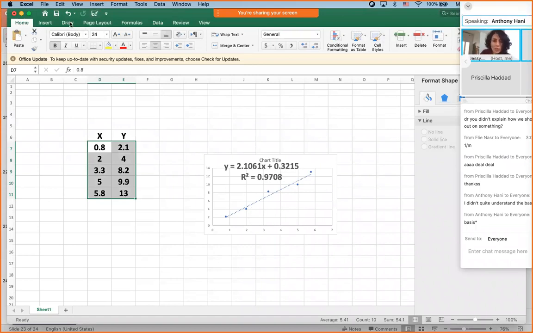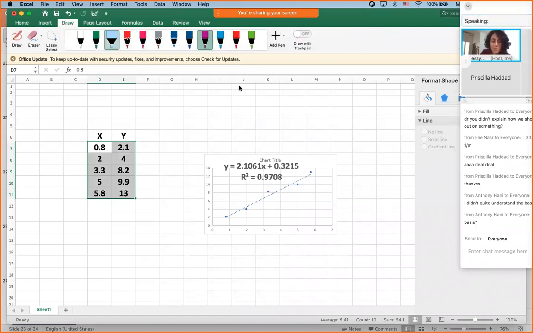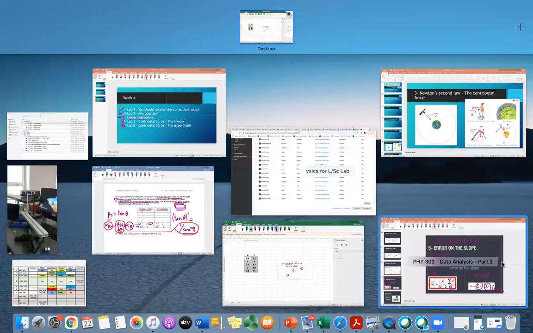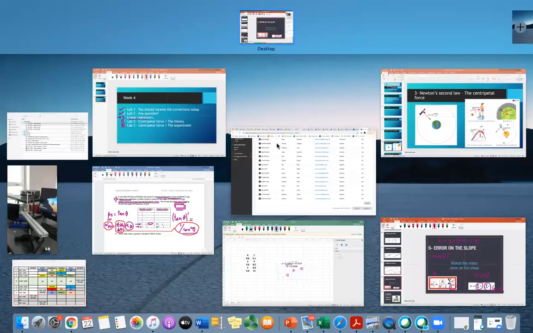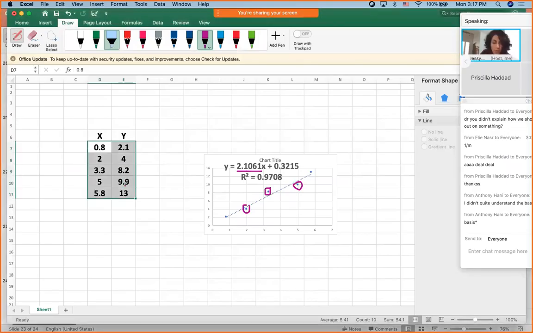So what I do here, let's say I just found out the slope to be 2.1, right? And I need to find the error on 2.1 because I can see some scattering in here. So probably there's an error. So I'm going to use this equation. What is the number n? I'm going to look here. I have 1, 2, 3, 4, 5 values.